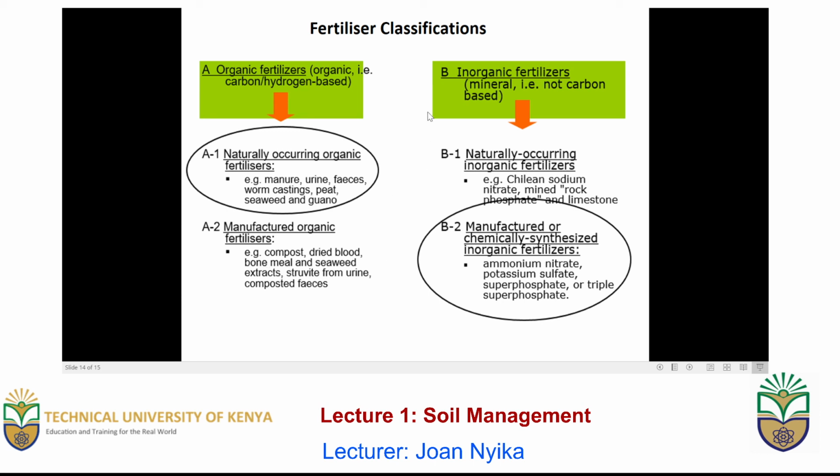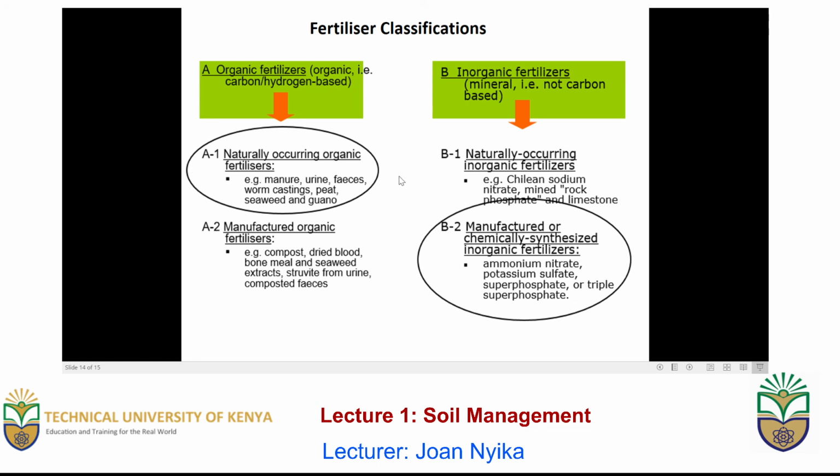When you look at the case of inorganic fertilizers, those that are not carbon-based, they can be naturally occurring, as is the case of limestone and other rock phosphates that are found in the B horizon, what we called the bedrock in our previous class. They can also be manufactured chemically, such as is the case with ammonium nitrate, potassium sulfate, and superphosphate.